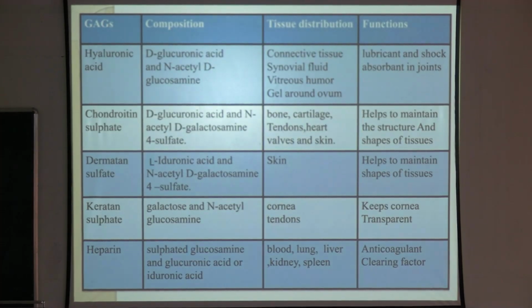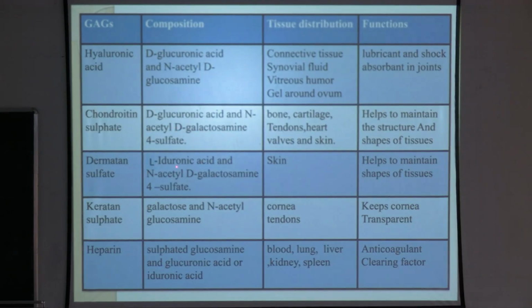Now C and D both have the amino sugar galactosamine. No other mucopolysaccharide contains galactosamine, only these two, C and D. The acid sugar in chondroitin sulfate is glucuronic acid.